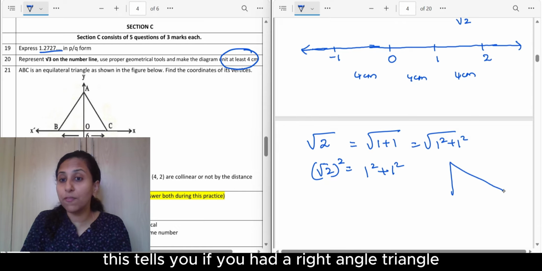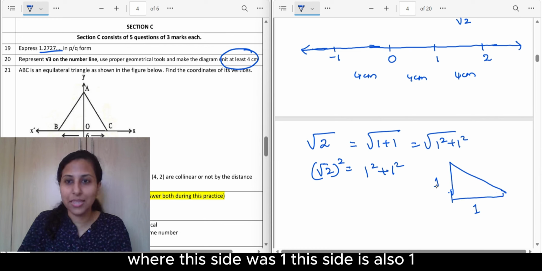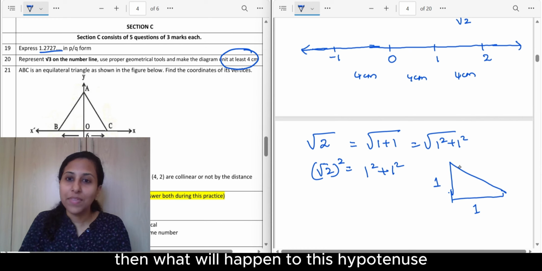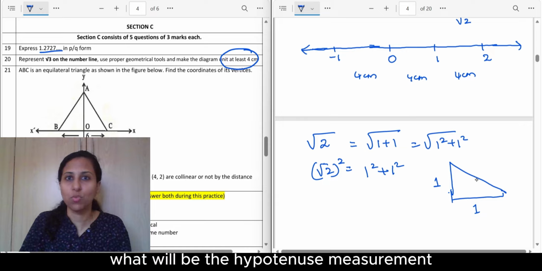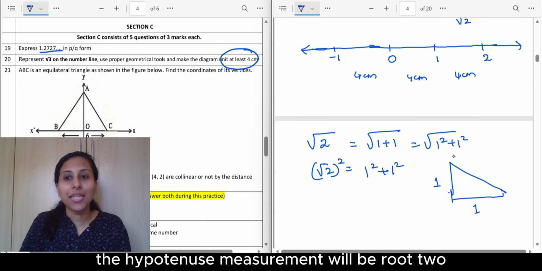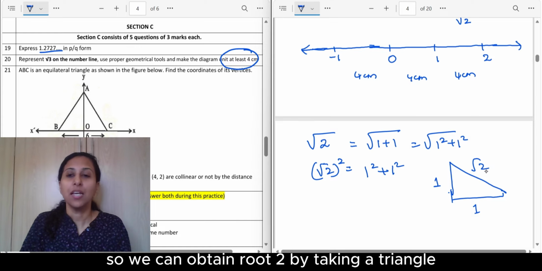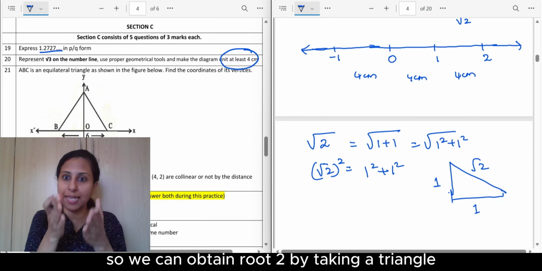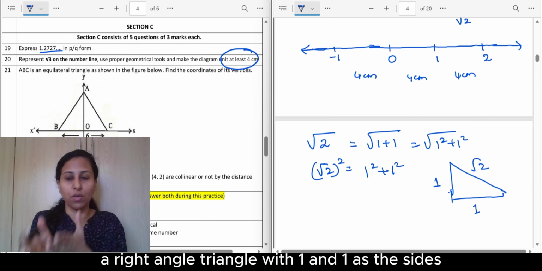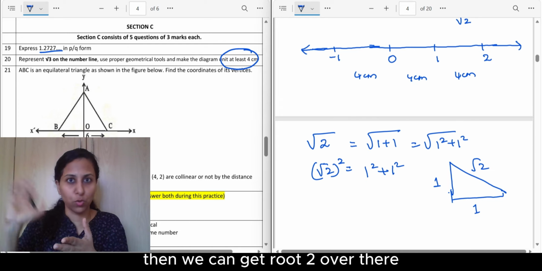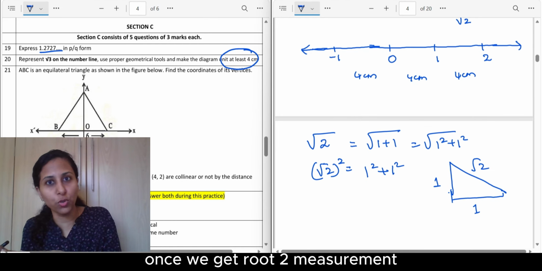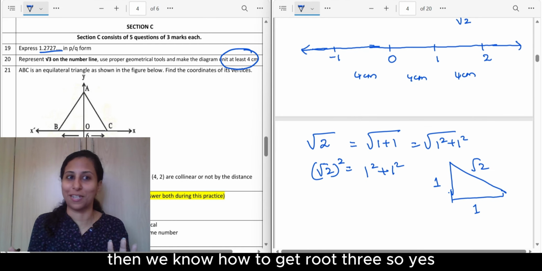This tells you if you had a right angle triangle where this side was 1, this side is also 1, then what will be the hypotenuse measurement? The hypotenuse measurement will be root 2. So we can obtain root 2 by taking a right angle triangle with 1 and 1 as the sides. Once we get the root 2 measurement, then we know how to get root 3.